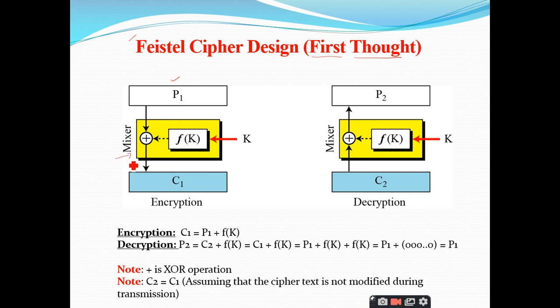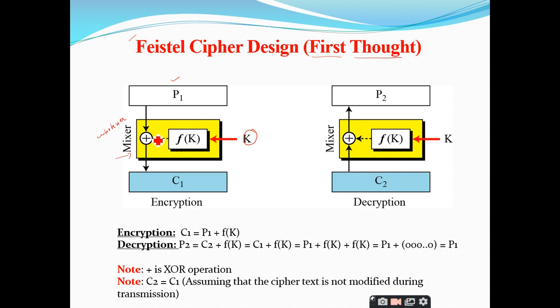We can also call the mixer a whitener. A whitener is a component which performs the XOR operation of the plain text with the key. This key k is generated from the key generator, and I convert this k into some function of k.